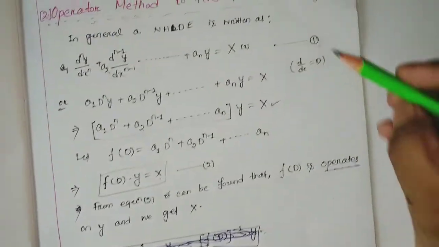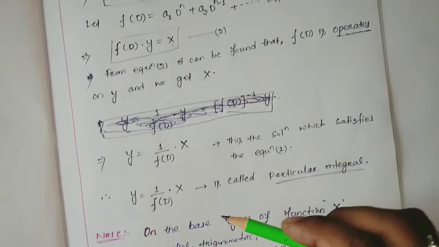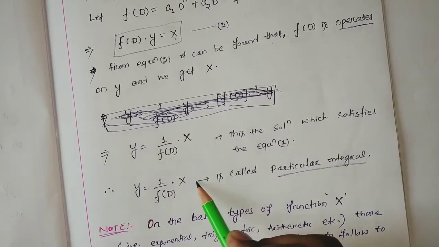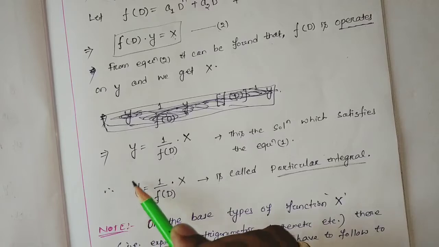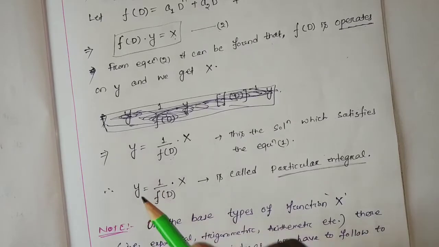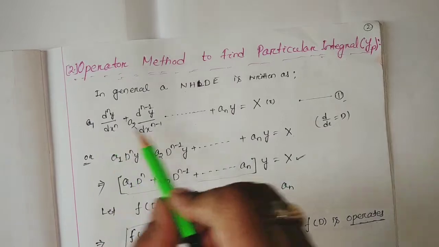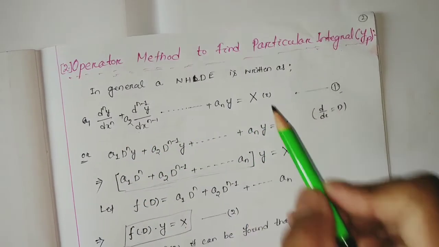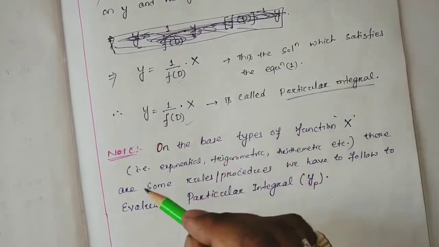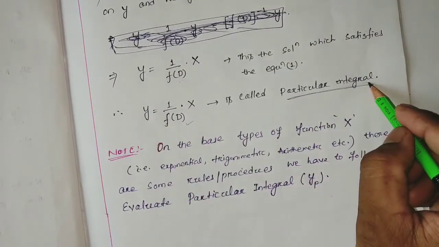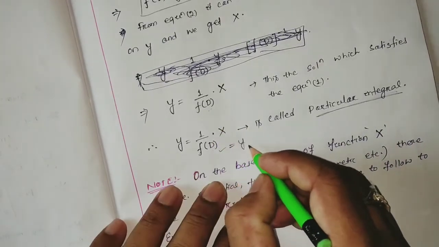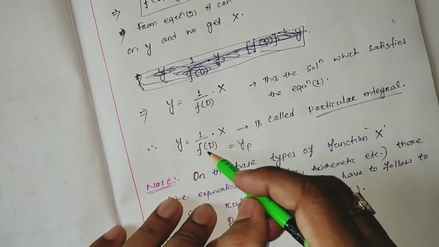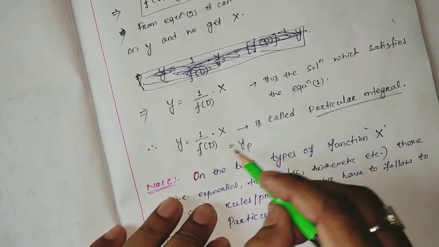But here from equation number 1 we derived y equal to 1 by f(D) into X. As this is the solution of this non-homogeneous linear differential equation, it is called the particular integral. So this is nothing but your yp. You write y equal to 1 by f(D) X equal to yp, that is your particular integral.